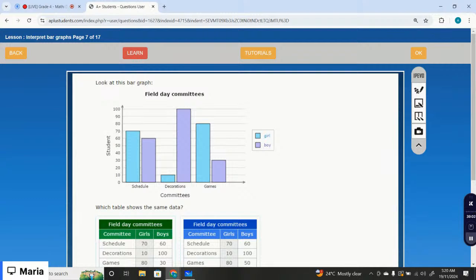Look at this bar graph. Which table shows the same data? You need to match the graph and the table. So, which is the correct option?